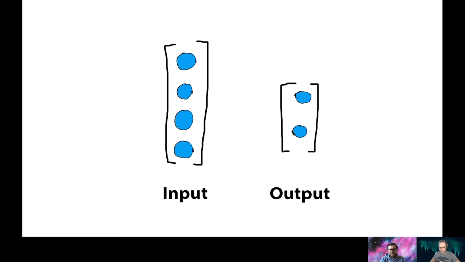There are a lot of implications of that. For example, how do you do image recognition? Well, each pixel in an image is a number.